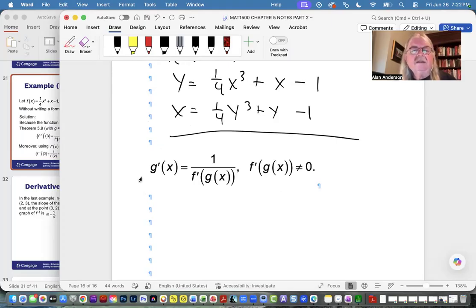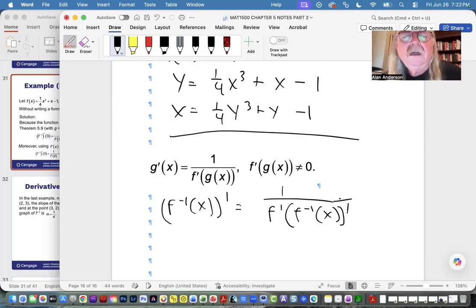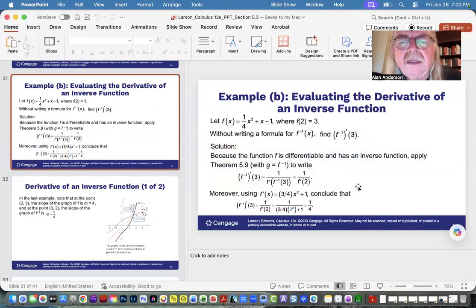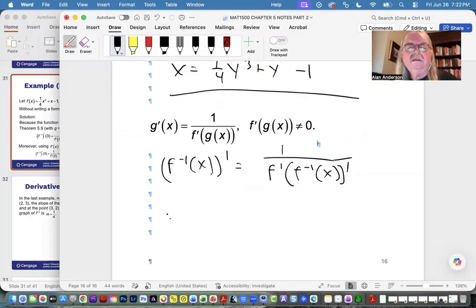So you could rewrite this as, and then you can replace that with a 3.